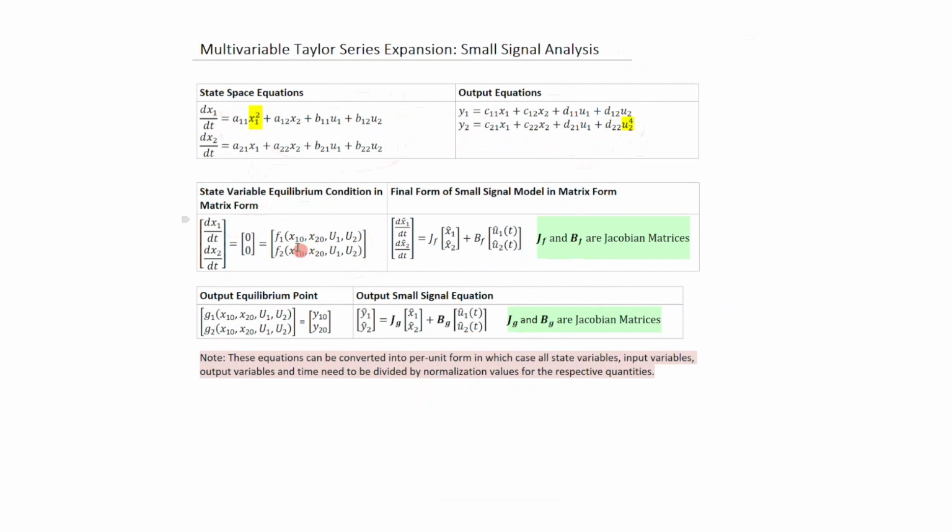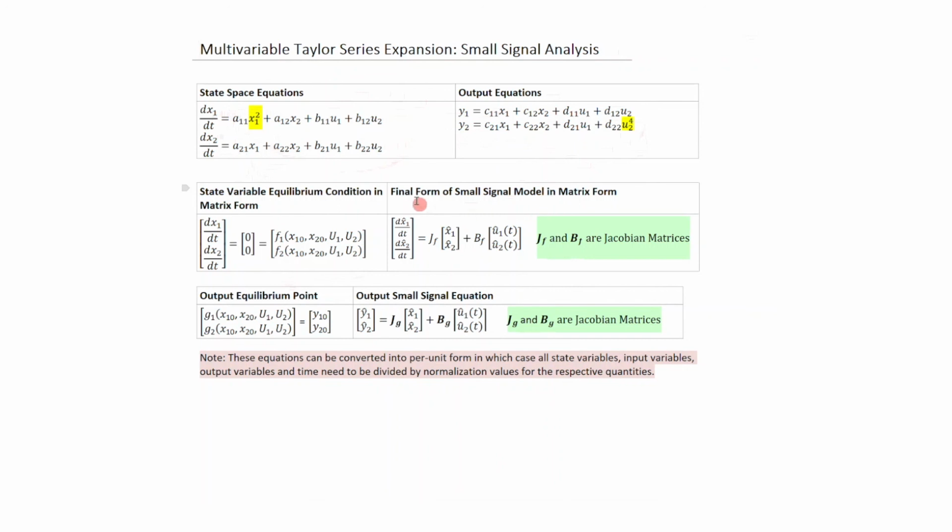We basically use x subscript 1,0 and x subscript 2,0 to represent the equilibrium values of x1 and x2 respectively. So in this case, you would have two equations and two unknowns. x1 naught and x2 naught are unknown, and you solve. This could in fact be a nonlinear equation that has to be solved.